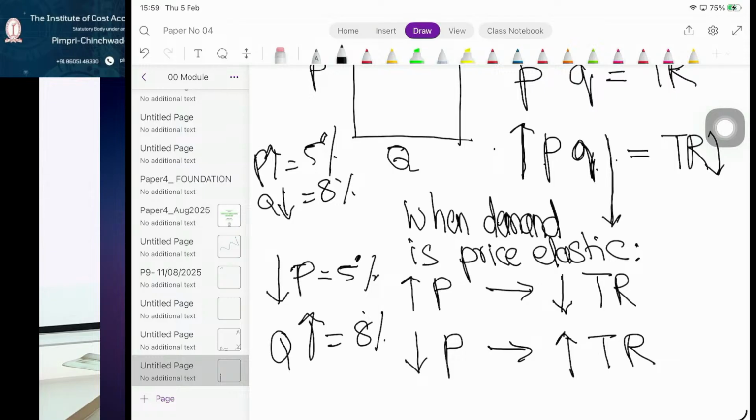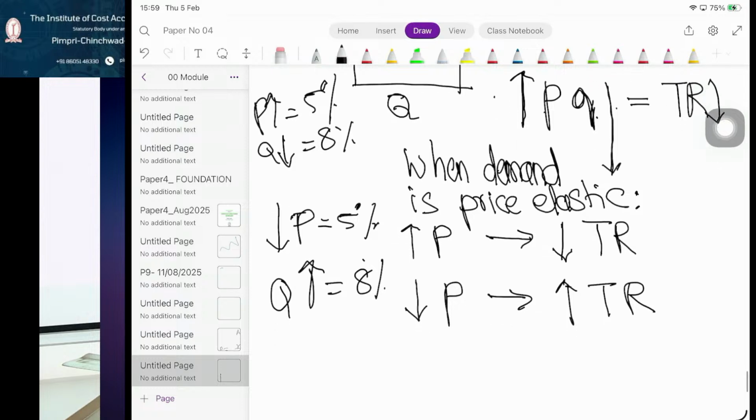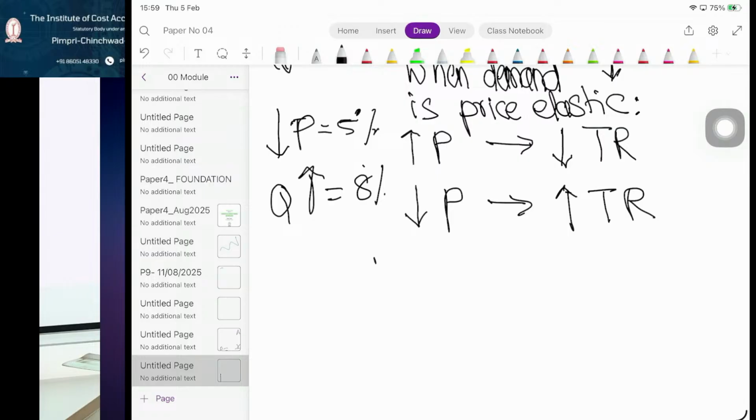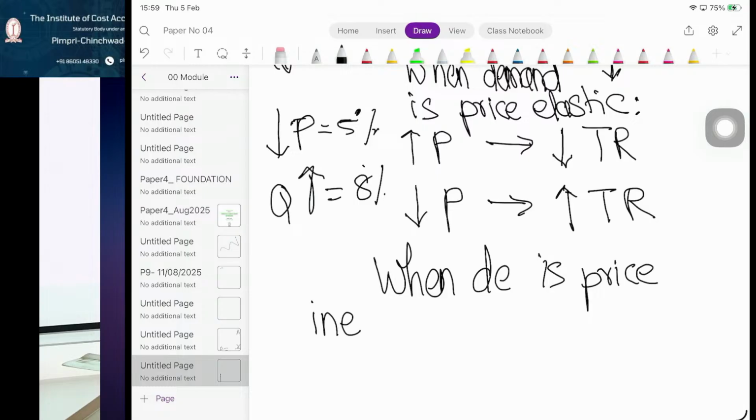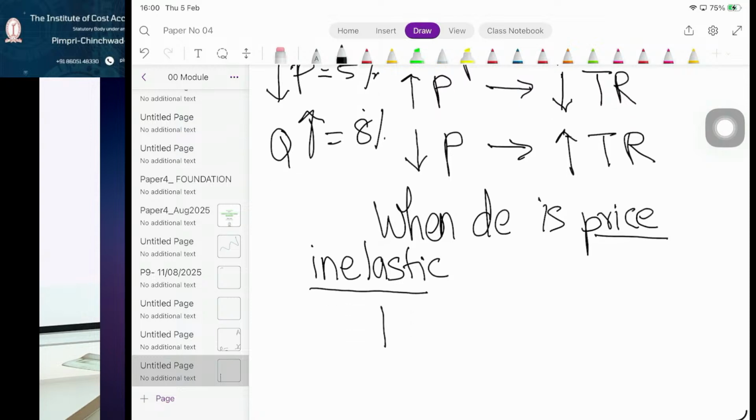When demand is price inelastic, suppose price is increased by some percentage, say price goes up by 5%.